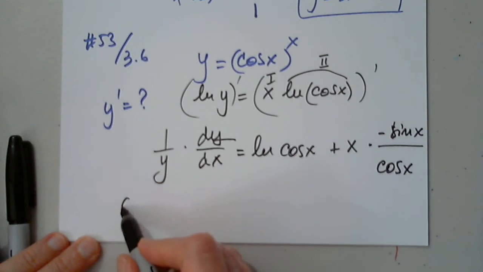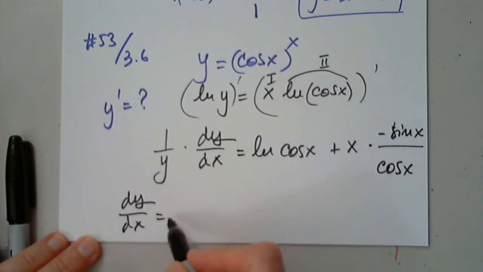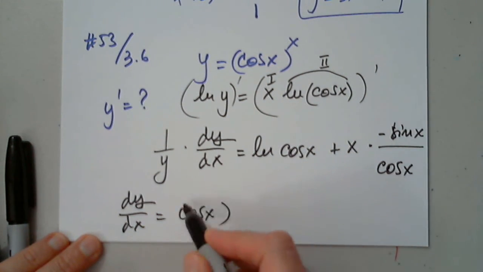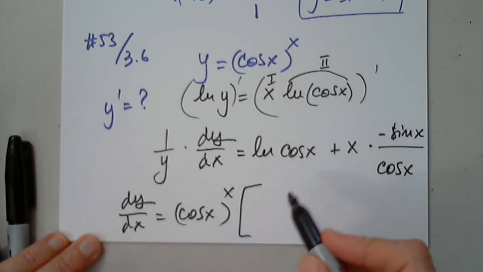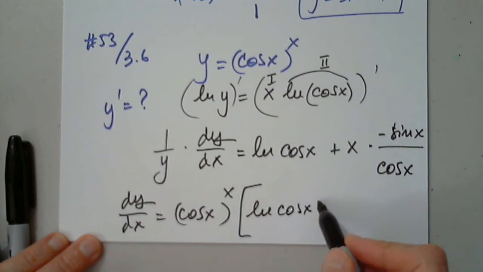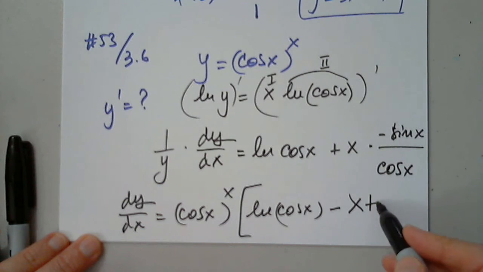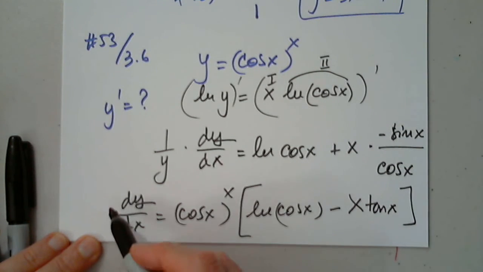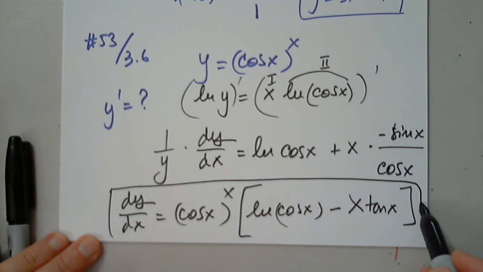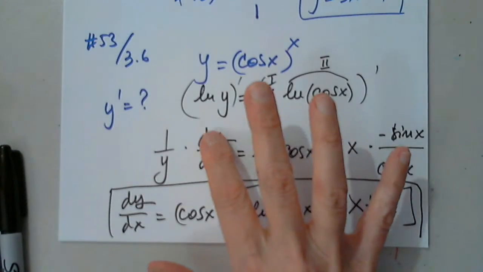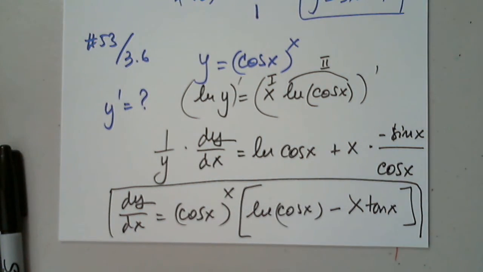So then dy over dx, I have to multiply by y, but I'm going to write it as what it equals to. Natural log cosine x minus x tangent x. And this is it. Please remember these steps. They're very important. And please use the notation dy over dx so you don't get confused.